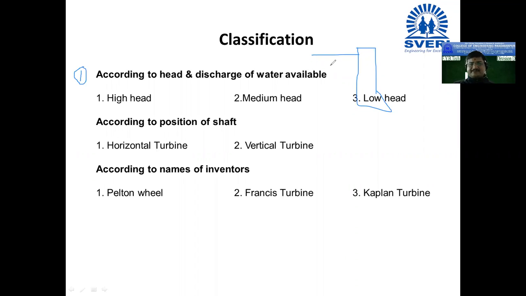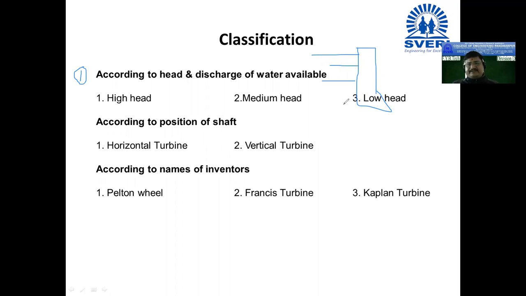So dams are having different heights, and accordingly water levels are also more or less, and depending on that particular height, we need to choose whether the head is high, meaning water level is at a high level, or medium level, or low level. That particular water level is the head. The height of the water level is nothing but the head.